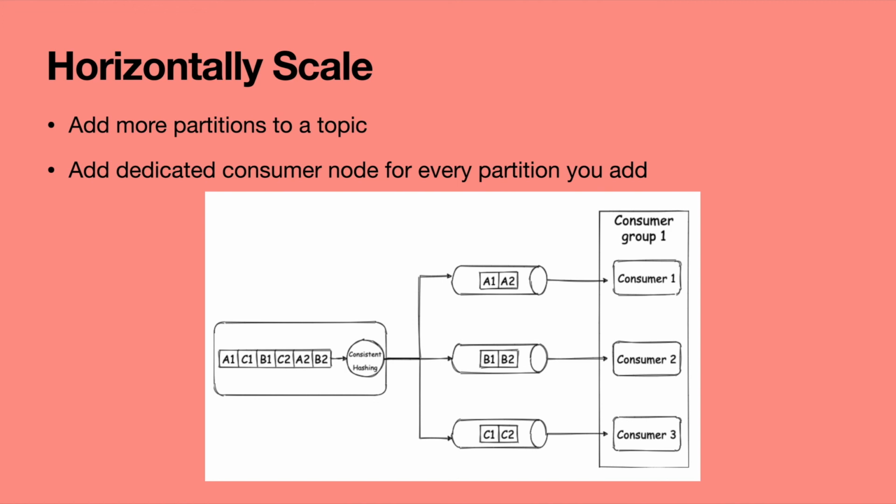D is going to be consumed by 4, E is going to be consumed by 5, and F is going to be consumed by 6. So this way you have a dedicated consumer for each of the partitions. You're writing very fast because you have a bunch of partitions, and you're reading very fast too because each consumer is only responsible for 1 partition.